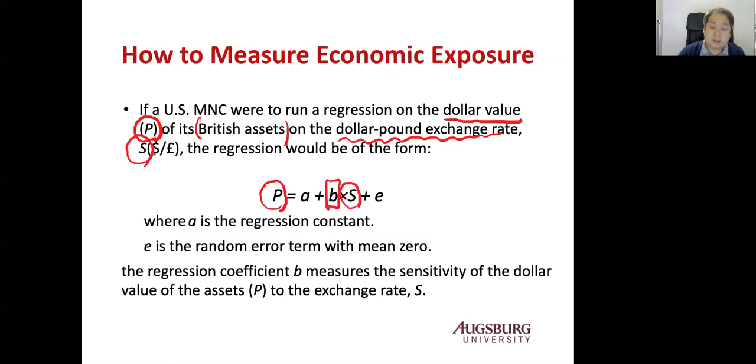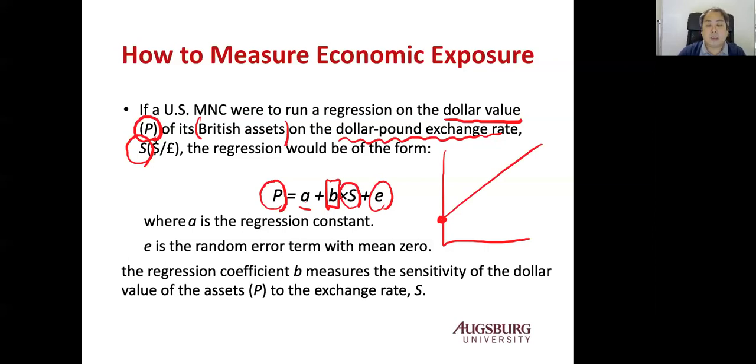So P equals alpha plus beta times S plus epsilon. Beta is the sensitivity, and alpha is the regression constant, the intercept. And epsilon is the random error term with mean zero.